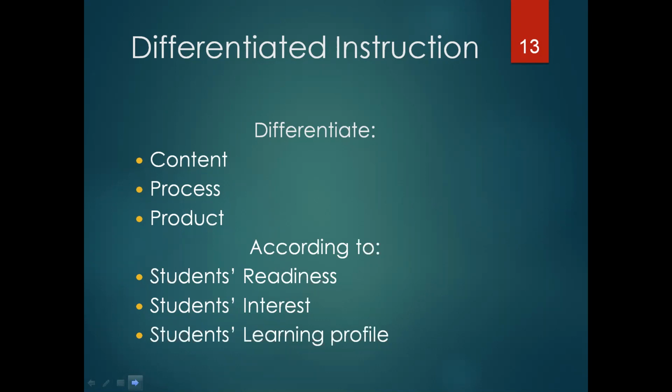Students' interests: you want to differentiate all those three things, content, process, and product, based on interest levels. Are you going to teach things students aren't interested in? Possibly. Do you think if you get to know your kids, find out what they're interested in, and start adapting the standards to their interest levels, that you might get better results? Absolutely.